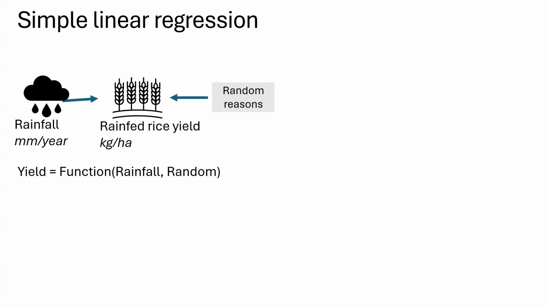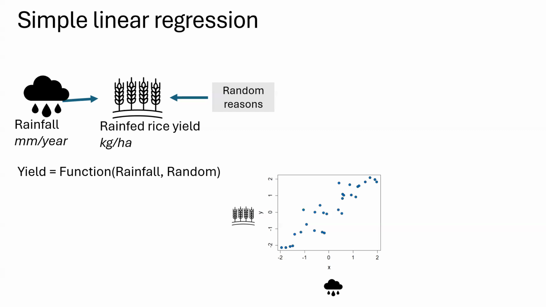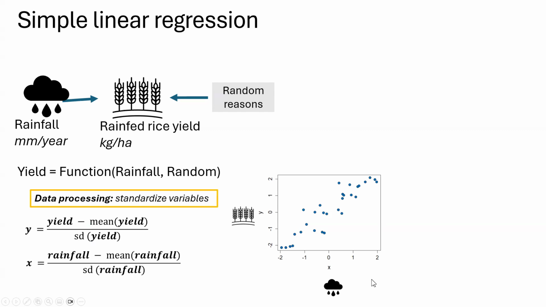Now if we use this to build our statistical model, a good first step will be plotting our data. So I've just put yield and rainfall on an XY axis. And I should mention that, when we're measuring the data, often we're using units that make sense for a phenomenon of interest, but they may be at scales and units that don't necessarily work well for building statistical models.